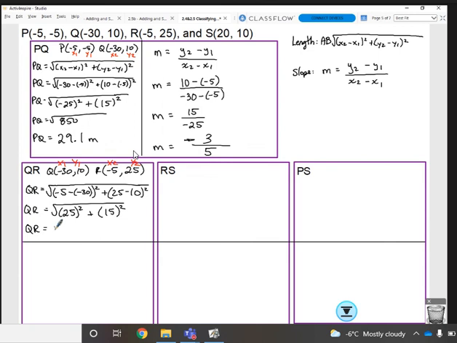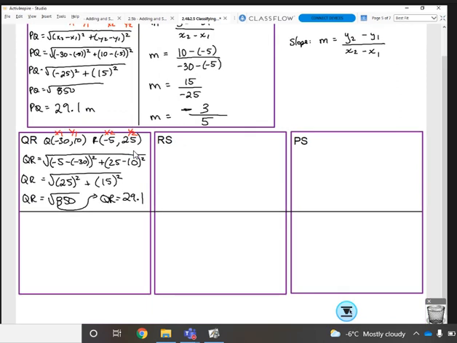Well, that should be root 850, which should be 29.1. And we're not too shocked by that, because we thought rhombus, right? We were thinking rhombus.